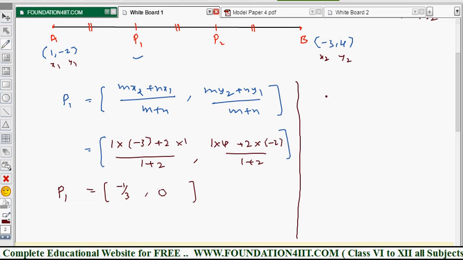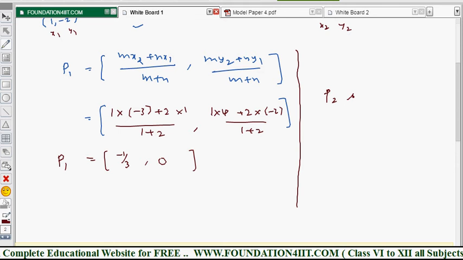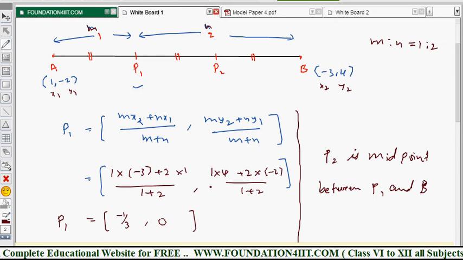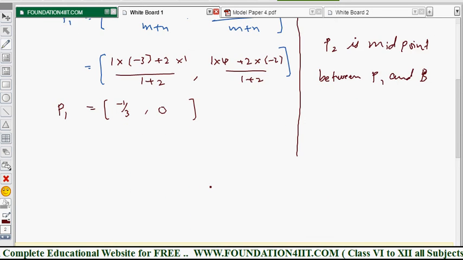You observe, P2 is exactly the midpoint between P1 and B. Then P1 is (-1/3, 0) and B is (-3, 4). Let us find P2 directly.